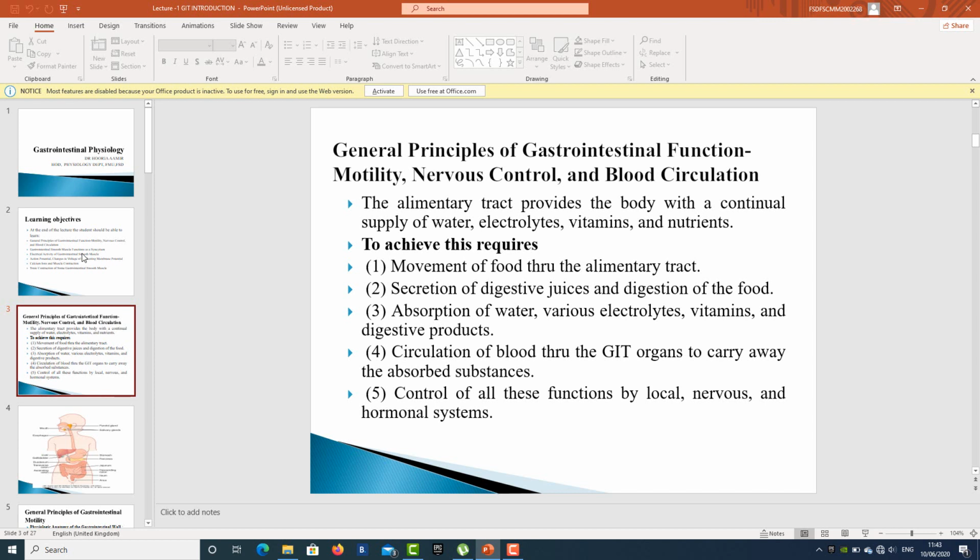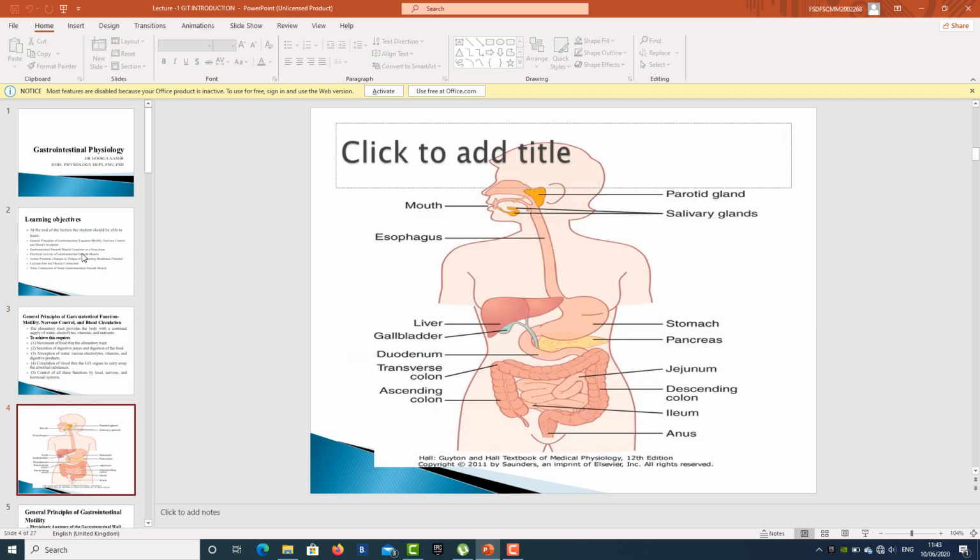There should be a harmony with the blood circulation, with nervous control, with the movement of GIT, so that the proper movement of food should take place, proper secretion of digestive juices, digestion of food, absorption of food, circulation of blood via whole GI tract, then control of all functions to maintain the homeostasis.